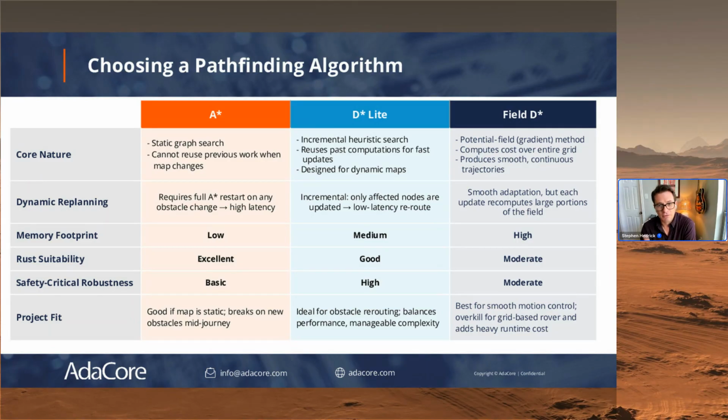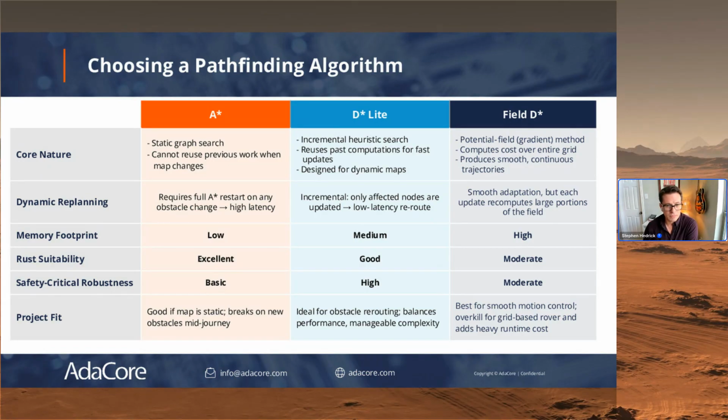So we can account for new data and replan, and we can design for dynamic maps. So it's always updating. You can see through some of these other items that I feel like it was a good middle ground, a Goldilocks zone, if you will, for our algorithm. So we chose D-star Lite.